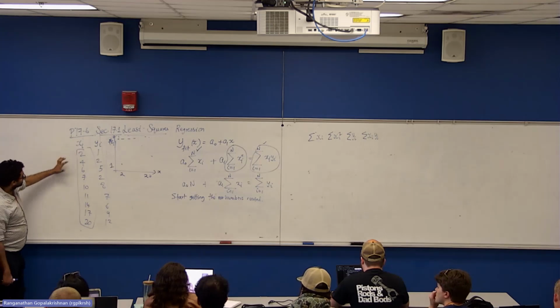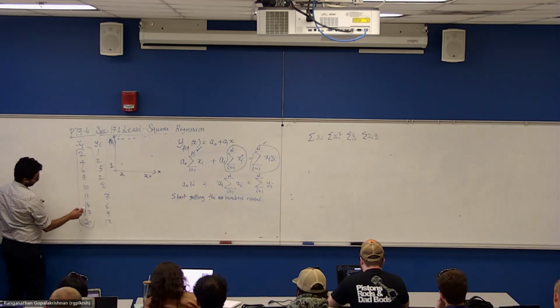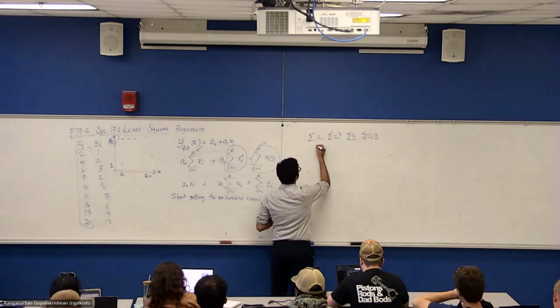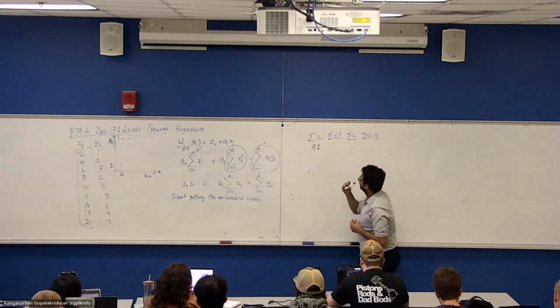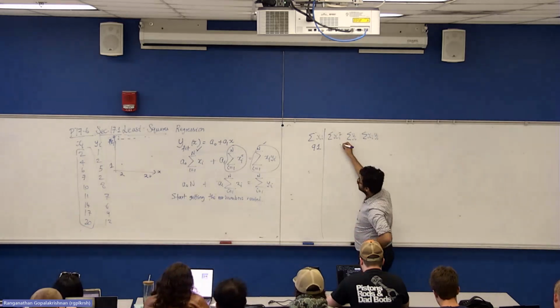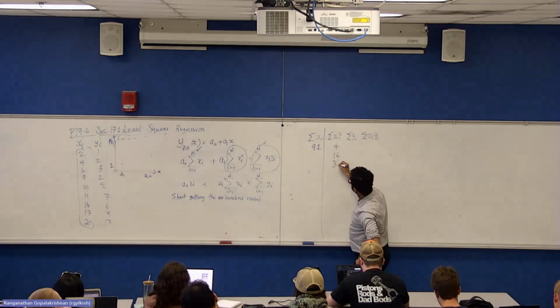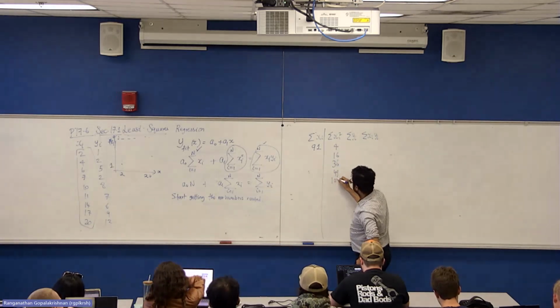Can we get sigma x? Getting 91. Kindly confirm. So sigma xi squared, we need to square this: 4, 16, 36, 49, 100.